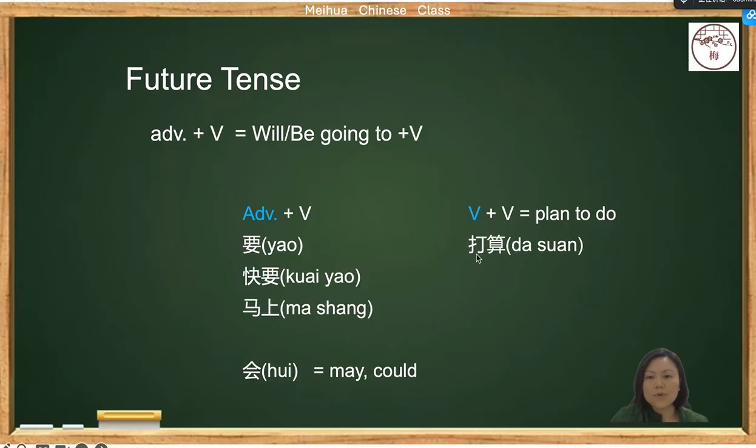For example, we have the verb 打算, which means plan. And also we have the verb 计划, which means make a plan, also plan. We can add the verb, the action that is going to happen, after these two verbs.